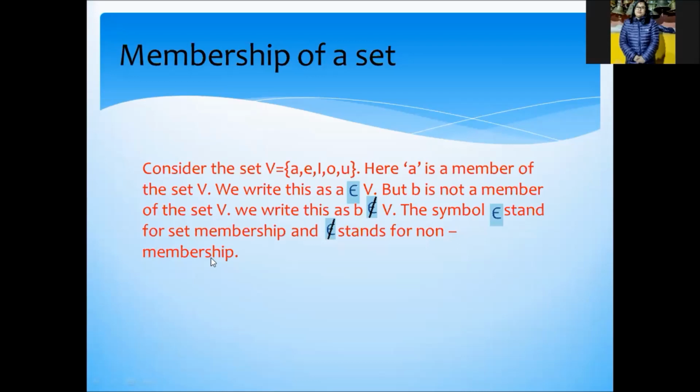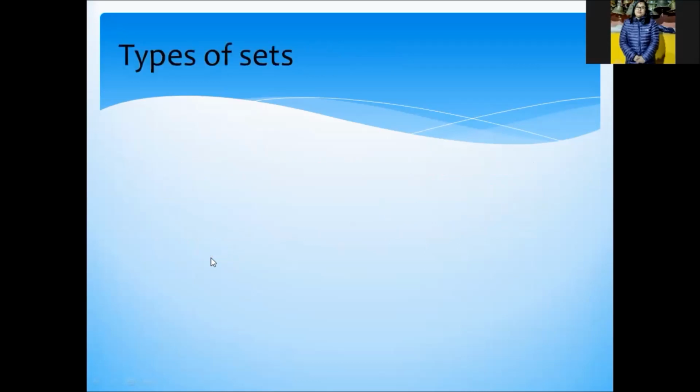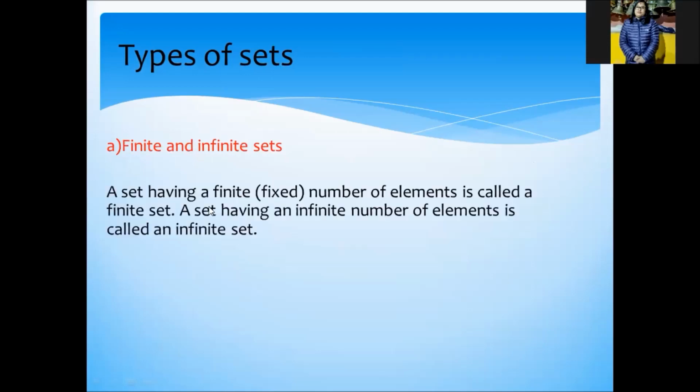Now the next point is types of sets, and you have already learned about types of sets in class 7. So let's see here, finite and infinite sets. A set having a finite, fixed number of elements is called a finite set.